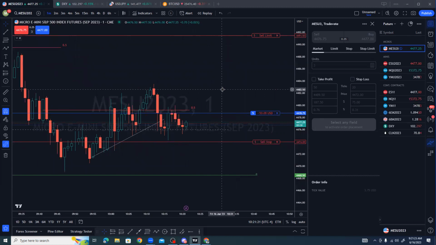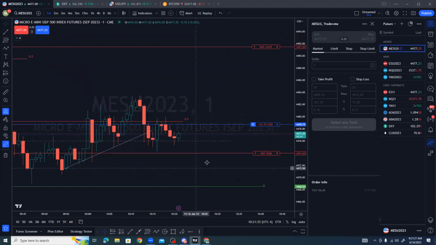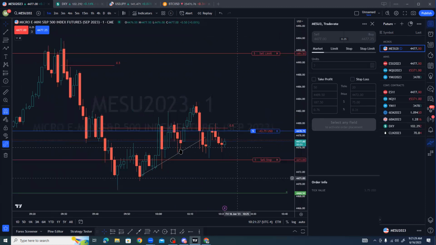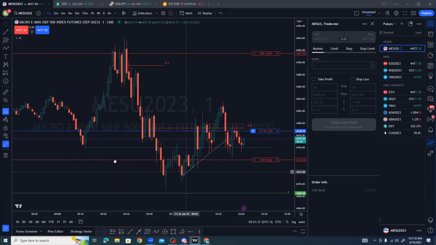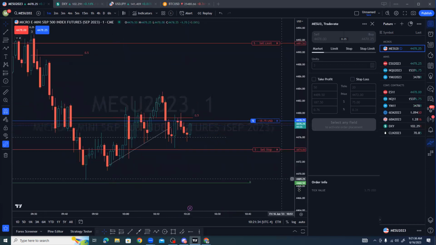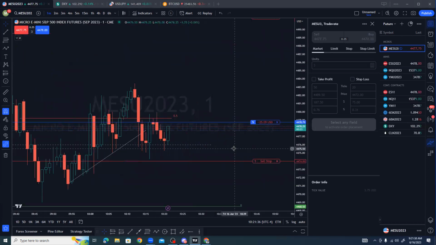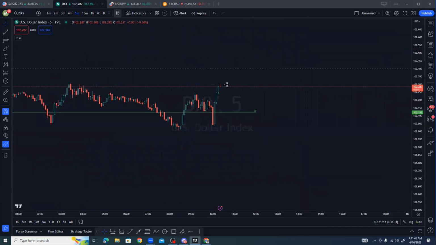And there's different ways you can manage it. But you can see we're still holding that structure right now, so it's kind of giving me a little bit of hope. It's a nice little move. Maybe we'll get this dollar pullback since it's right up here at these relative equal highs.